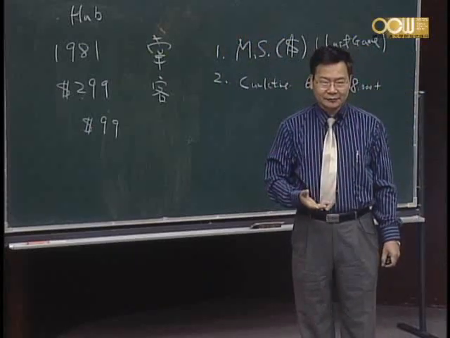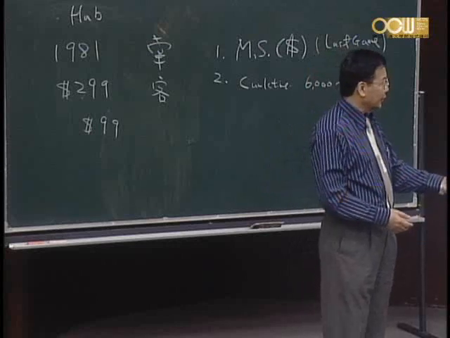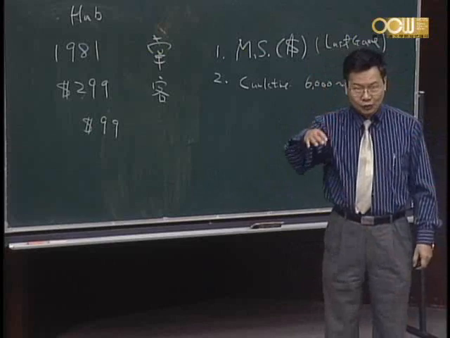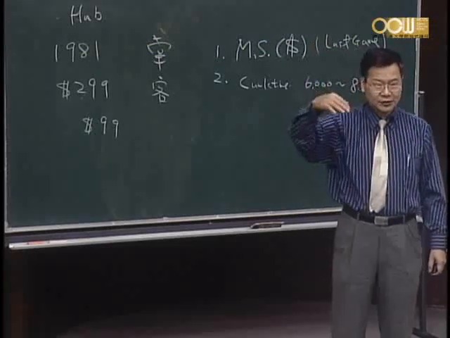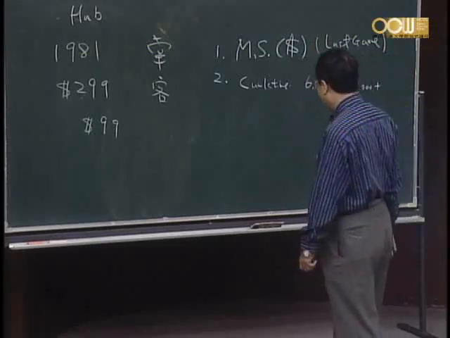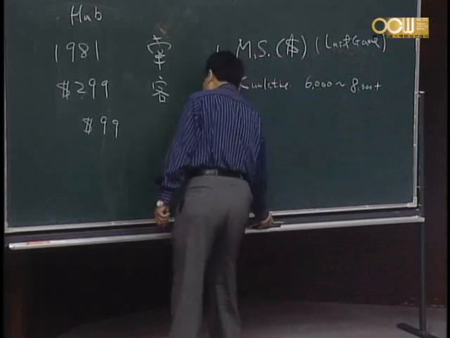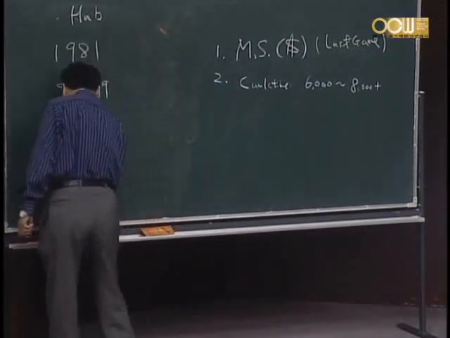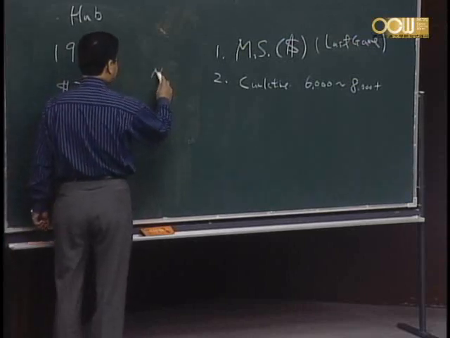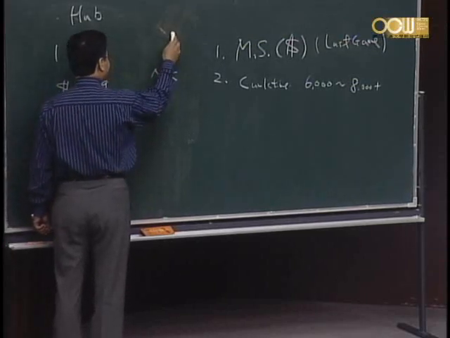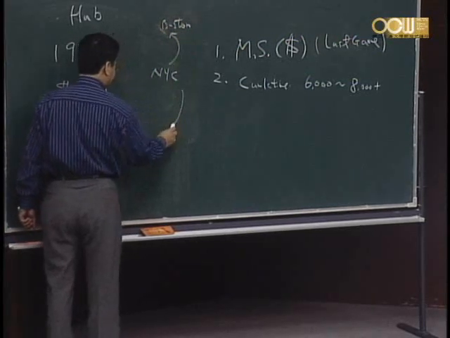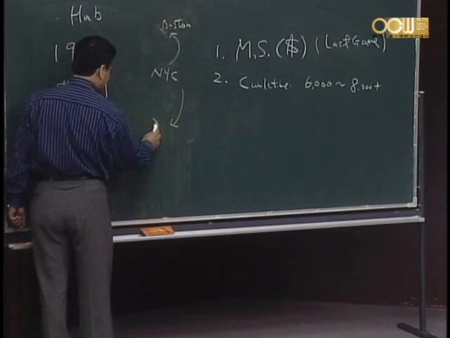Now, very interesting. Eastern Airlines made a lot of money from New York to Boston and then to DC. Again, you guys don't have any idea how far that is, all right? Very close, yes. So this is New York City. And then somewhere here is Boston. And then down here is DC.